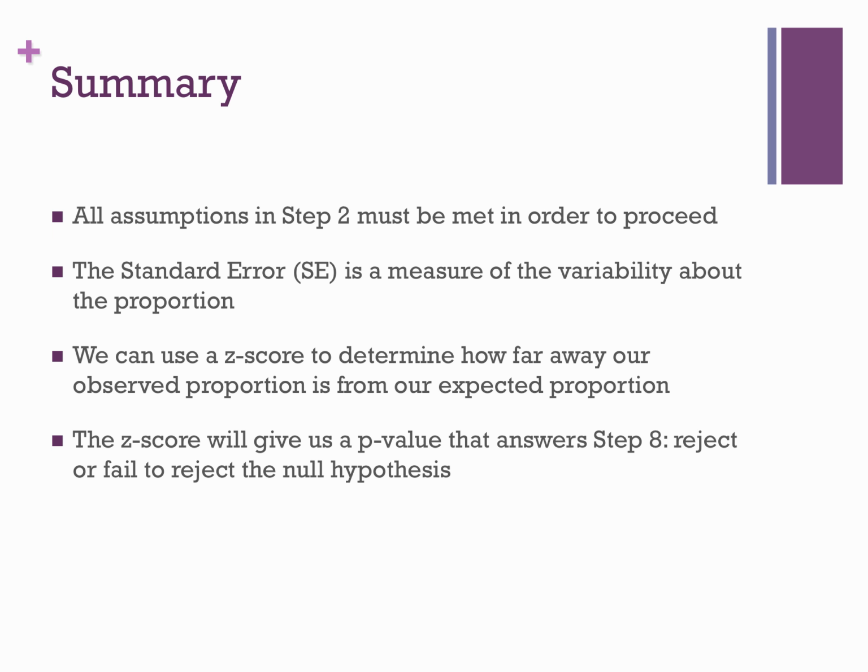Therefore, the difference would be close to 0, and our z-score would be small or close to 0. And then the z-score gives us a p-value based on that underlying distribution curve. We're looking for things in the extreme, where less than 5% of the results are extreme compared to what we expected. That helps us make a decision in step 8 to reject or fail to reject the null hypothesis.